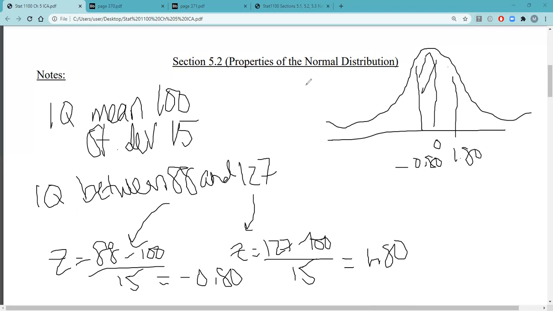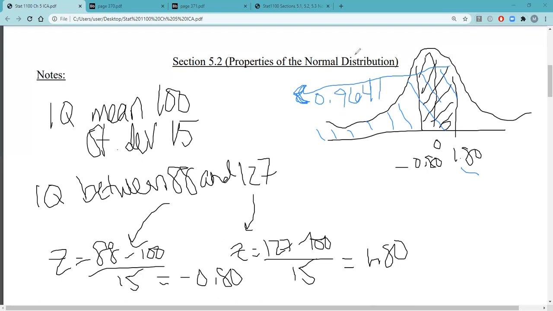And I'm looking for the percentage of data values that lie between those two z-scores. So again, what I want to find first is the area to the left of z is equal to 1.80. From the table, we should have 96.41% to the left.